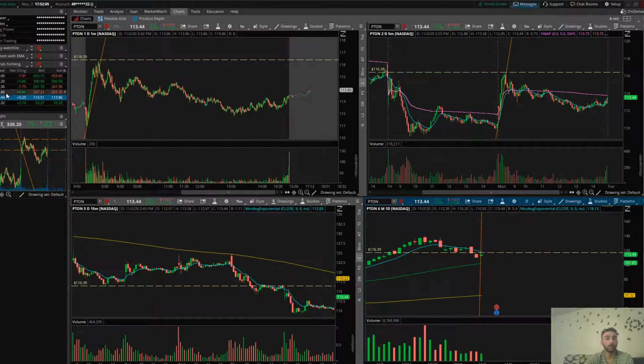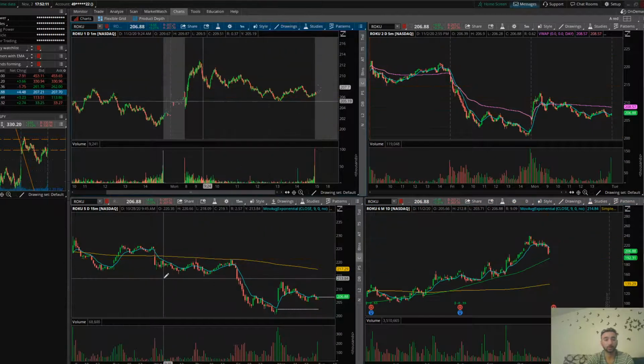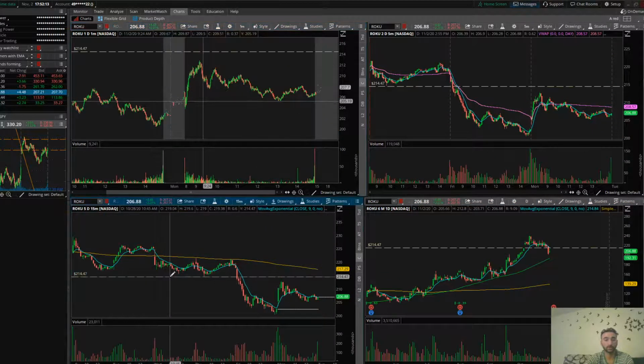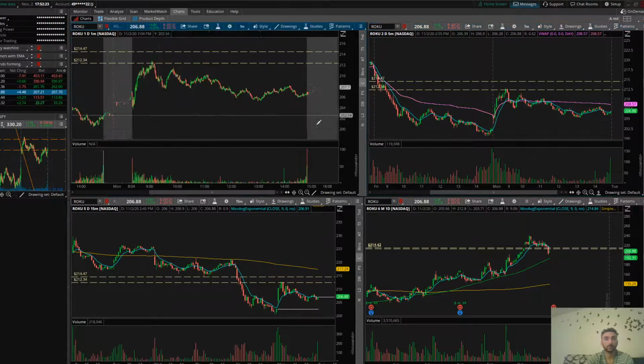Okay, if you want to do one more, let's look up Roku. Same thing here. So I'm going to clean up. All right, so what you do is you draw resistance lines. Okay, and you can see here, and then on the 5 minute there's resistance here. So it would either come up here or come up here.